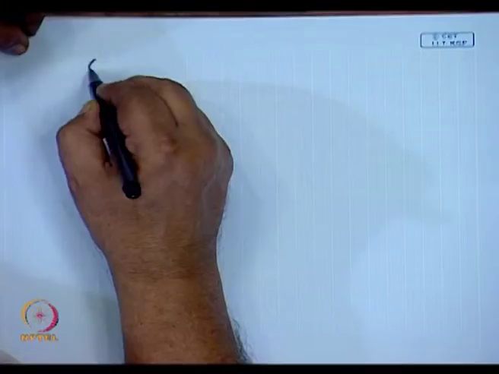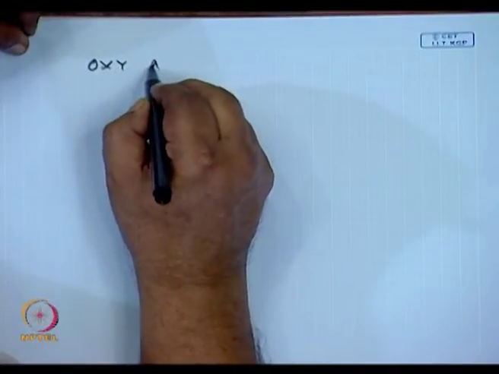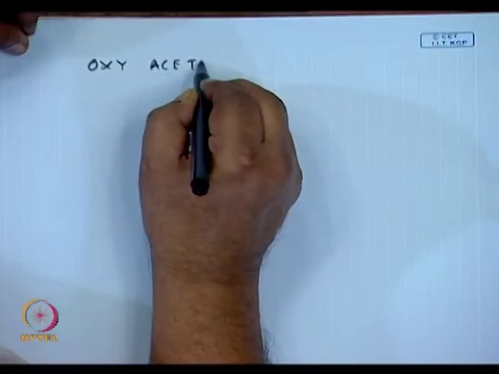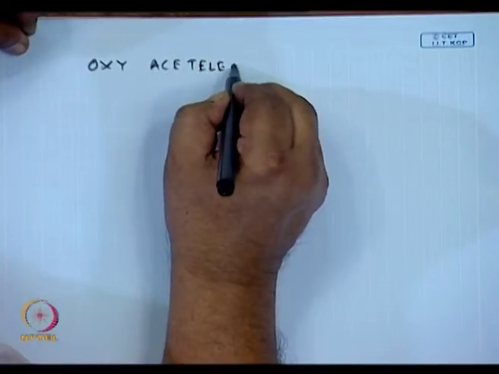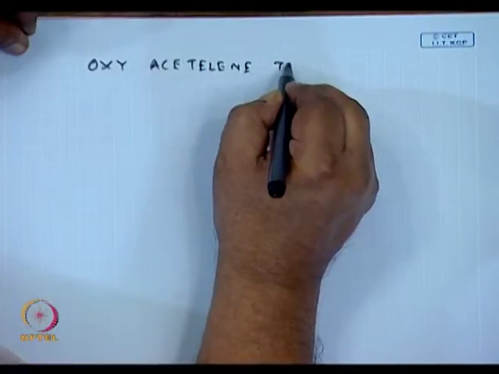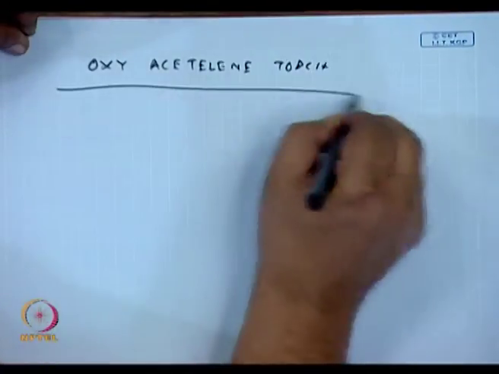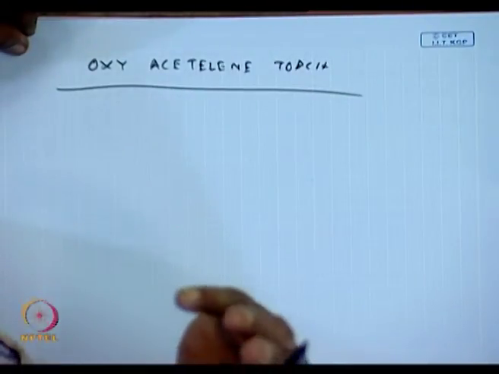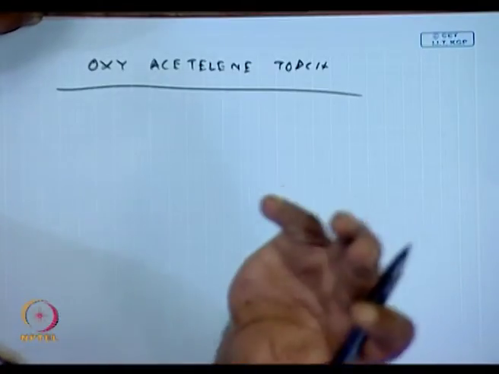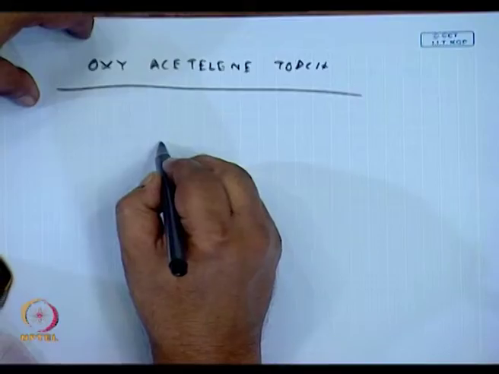All of you or most of you have seen the oxyacetylene torch. This is used in, say, bicycle shops to repair your bicycle, broken parts, brazing, welding, a lot of it. What is done in that oxyacetylene torch? Acetylene and oxygen are fed into a burner using two nozzles.